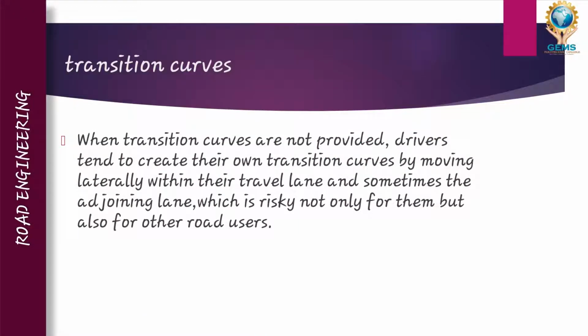When transition curves are not provided, drivers tend to create their own transition curve by moving laterally within the traveling lane, and sometimes into the adjacent lane, which is risky not only for them but also for other road users. Some drivers move the vehicle laterally in a zigzag form, like this, and this affects them as well as other users of that road.